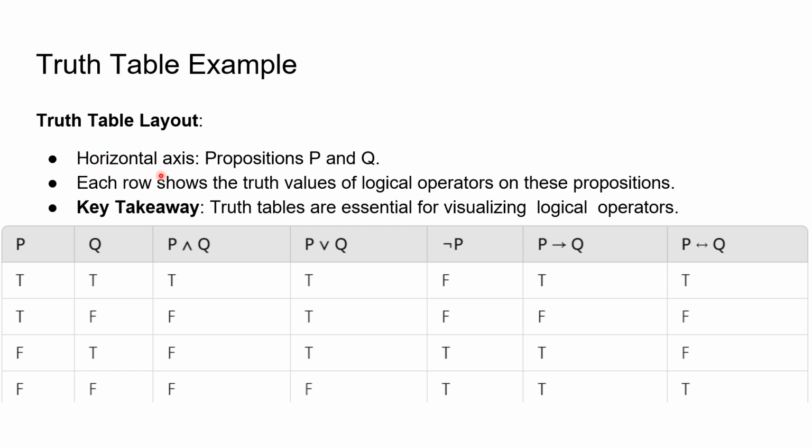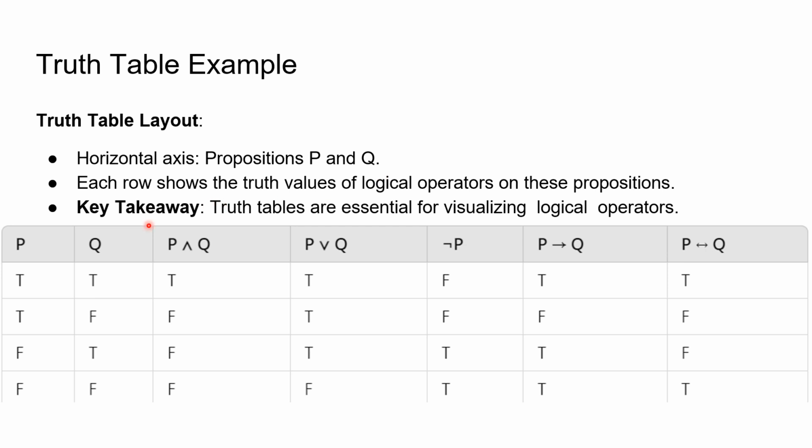On the horizontal axis are our propositions, and each row shows the truth value of logical operators on these propositions. So you will see 1, 2, 3, 4, 5 logical operators. And today, we are going to show you 6 logical operators.